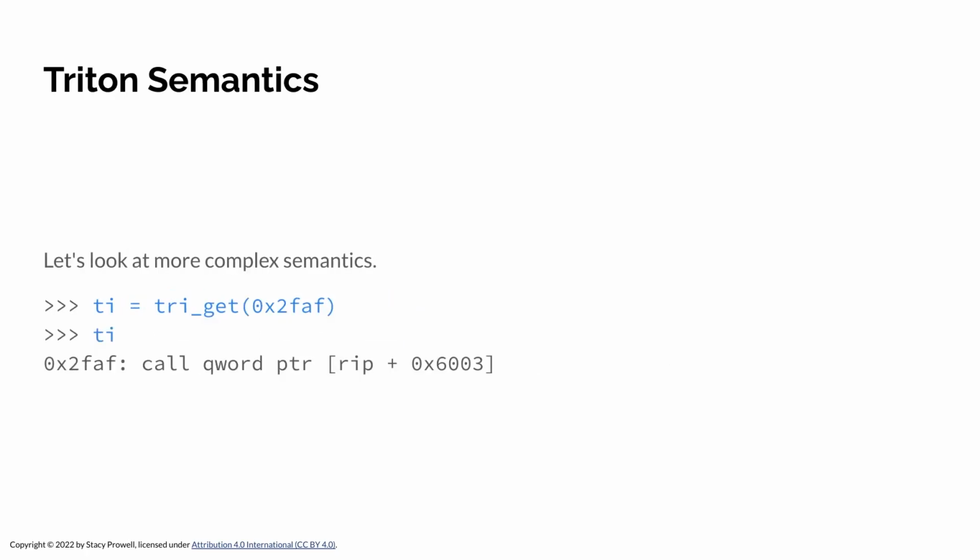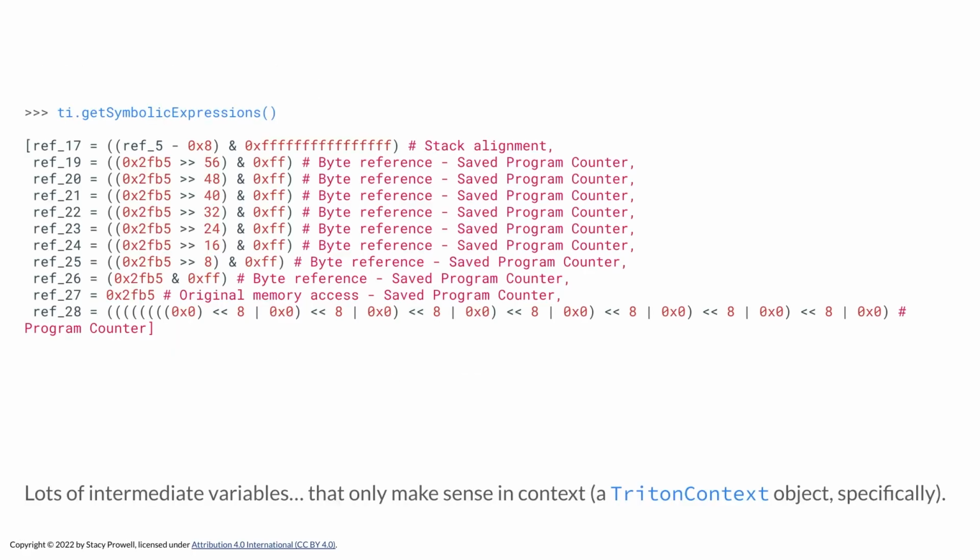We can look at some more complex semantics. So I'll get from a different location, and in this case, I get back call, keyword, pointer, and it's a RIP-relative address that I'm going to be calling. And I can then ask Triton for the symbolic expressions that make that up. And you'll notice over on the left-hand side here, a bunch of refs, right? Because it's put it in static single assignment form.